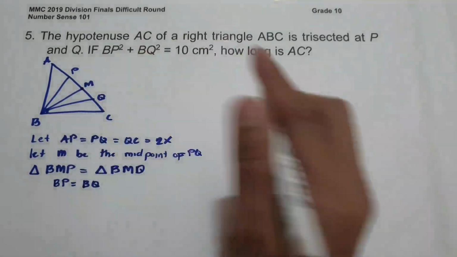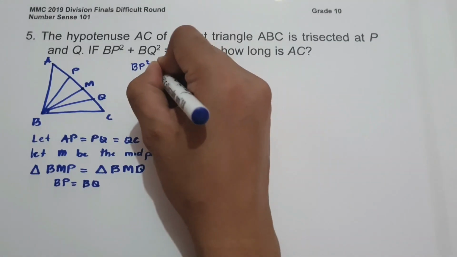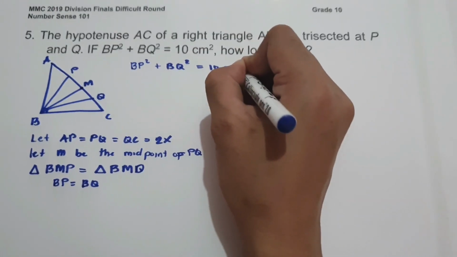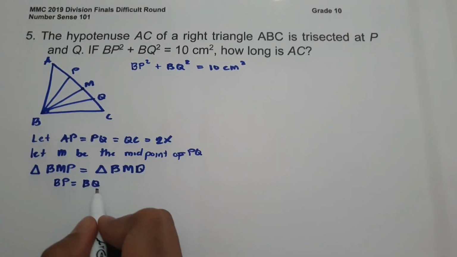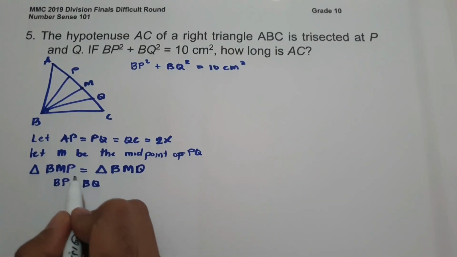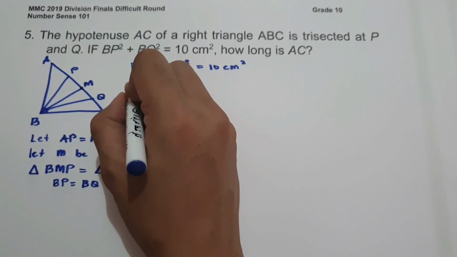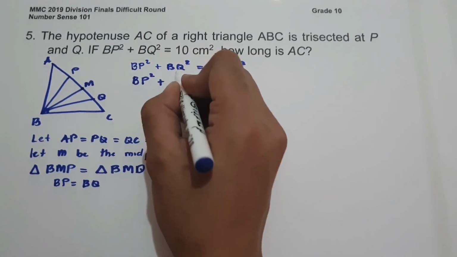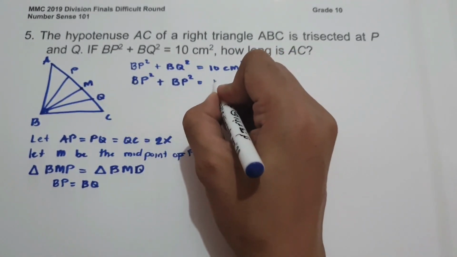So let us have this equation. BP squared plus BQ squared equals 10 cm squared. Since BP and BQ are equal because M is the midpoint of PQ and triangle BMP is congruent to triangle BMQ, therefore we are going to have BP squared, and we are going to substitute BQ as BP, squared equals 10.